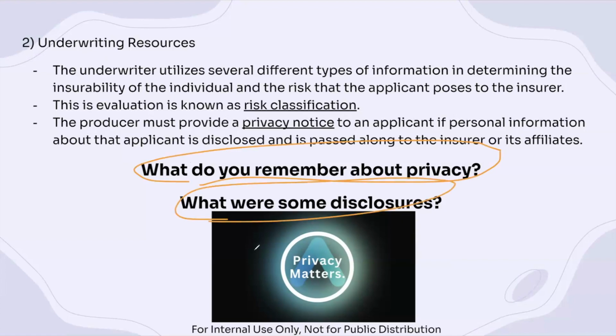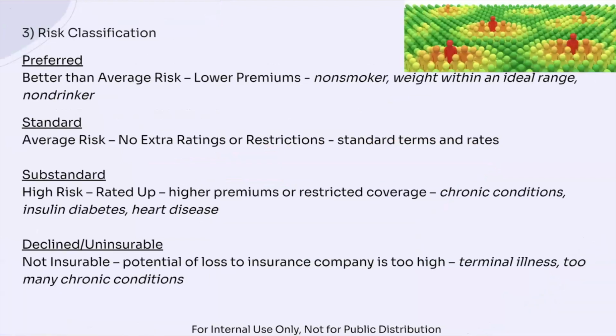So let's go into thinking about risk classification. Risk classification is dependent on many things that the client discloses, or that is disclosed to them, so that the insurance company can utilize that information. Now with risk classification, there are four categories.